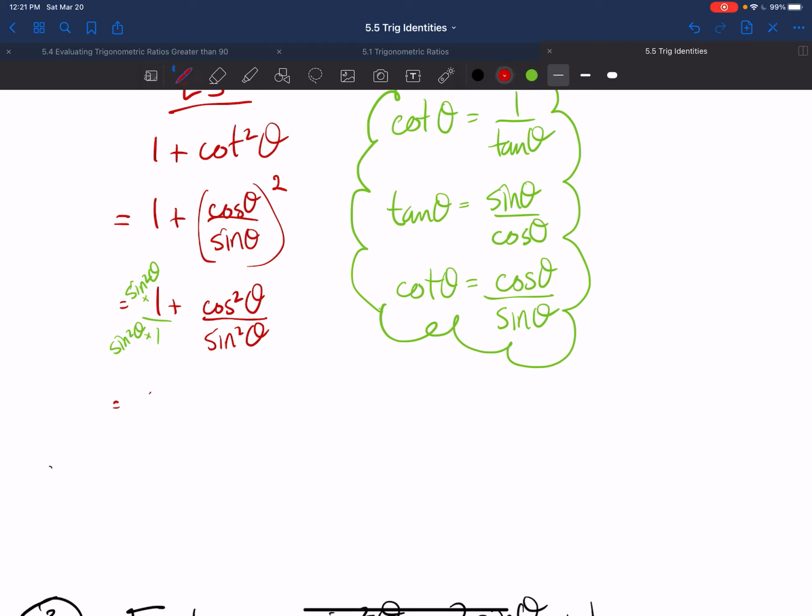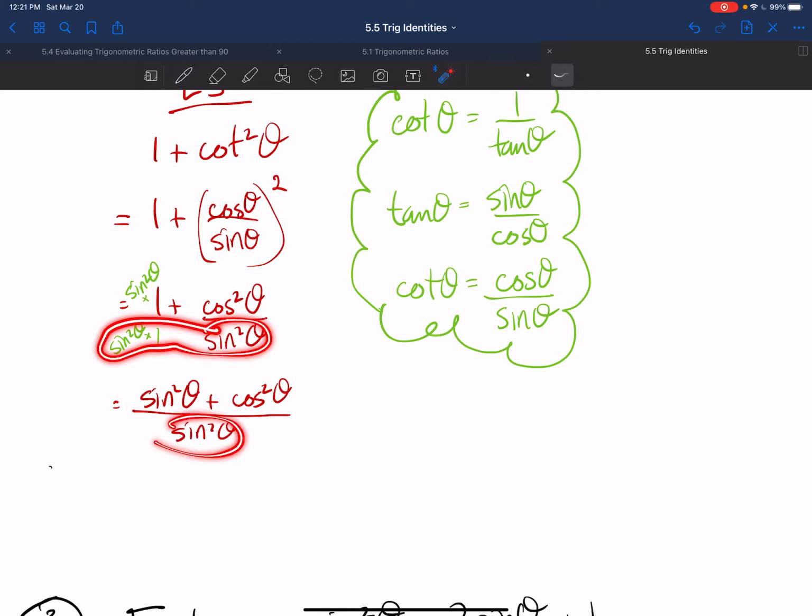So now I have sine squared theta, and I have my common denominator of sine squared theta, and I'm adding cos squared theta. All right, so we have our common denominator. That's sine squared theta because it's times 1, and we're adding cos squared theta.